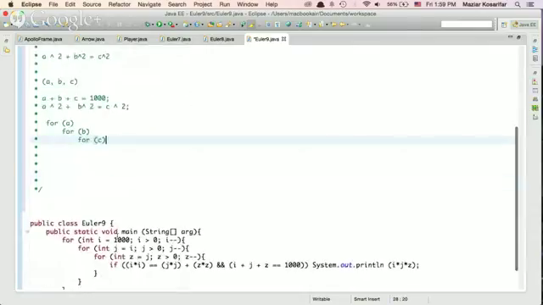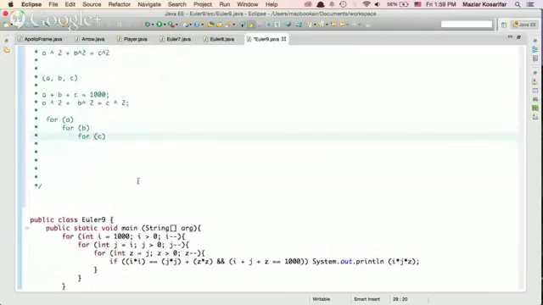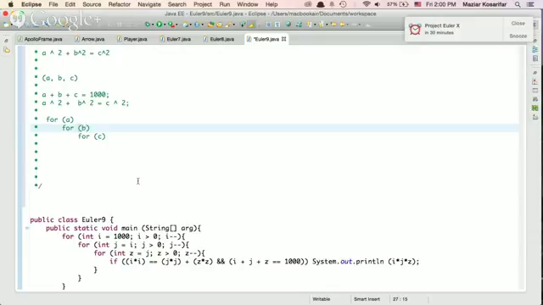So we can use that as a way to reduce the initial range of our loops.